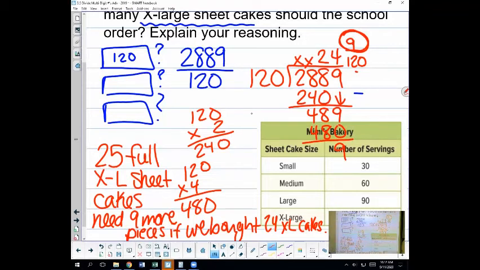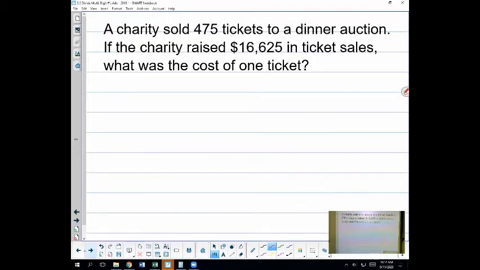Last but not least, a charity sold 475 tickets to a dinner auction. If the charity raised this big amount in all of the ticket sales, look at the question. What was the cost of one ticket? Am I going to multiply those together?